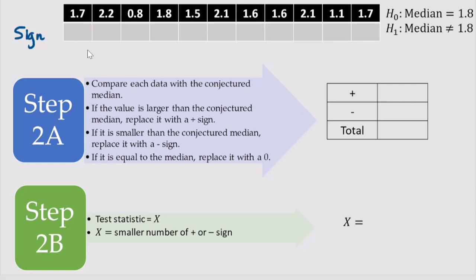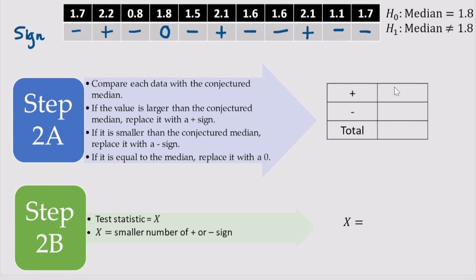Okay, 1.7 is less than 1.8, so we would replace this with a negative sign. 2.2 is greater than 1.8, so this would be positive. 0.8 less than 1.8, this is negative. 1.8 is equal to 1.8, so this would be 0. 1.5 is less than, so this would be negative. 2.1 is greater than 1.8. 1.6 is negative. 2.1 would be greater than, so positive. 1.1 is less than, negative, and similarly 1.7 is less than 1.8.